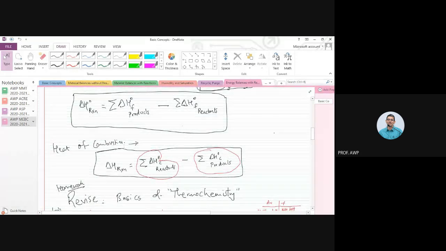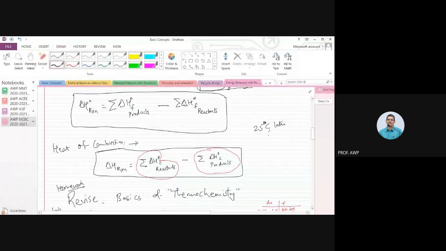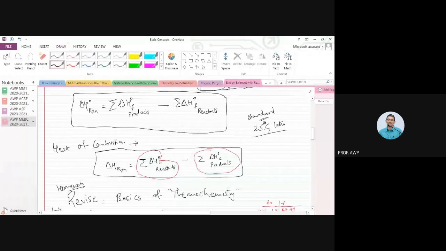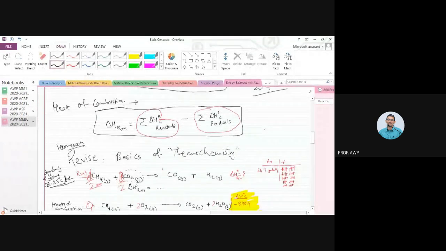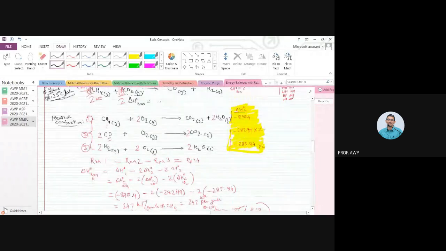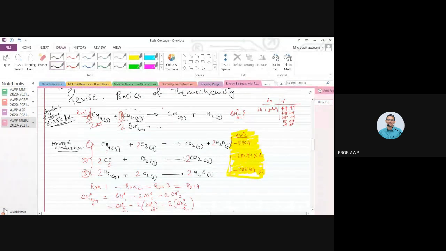And standard means 25 degrees centigrade, 1 atmosphere absolute pressure, standard conditions. And reactions will have products in their own natural state. So if we are talking about a reaction like this, the standard condition means H2O will be in the liquid.